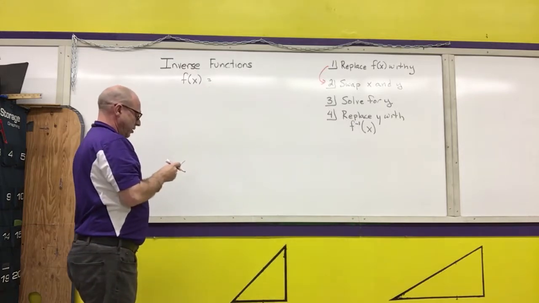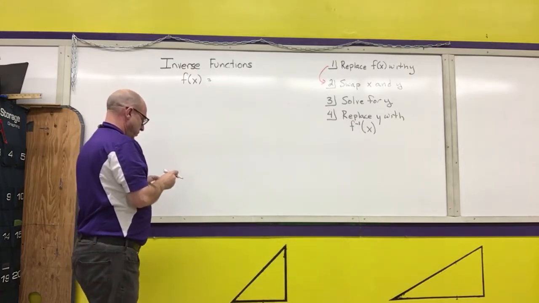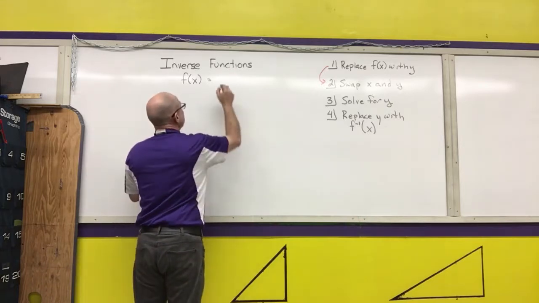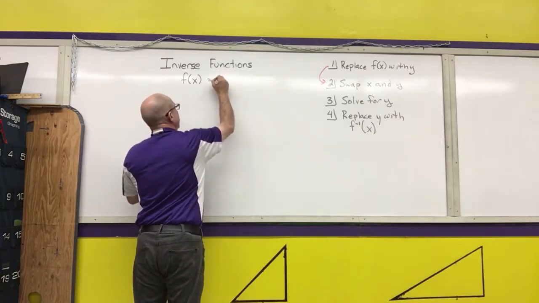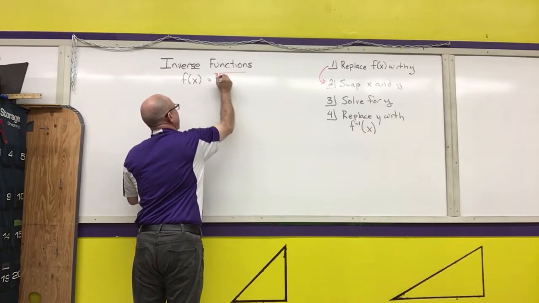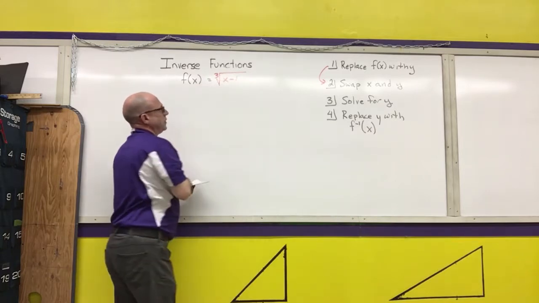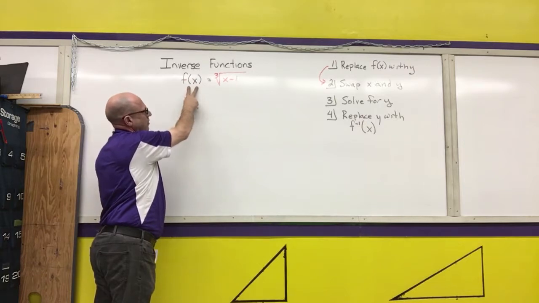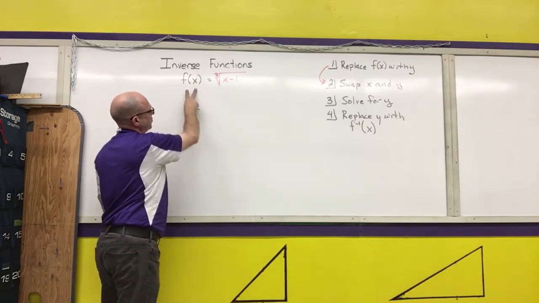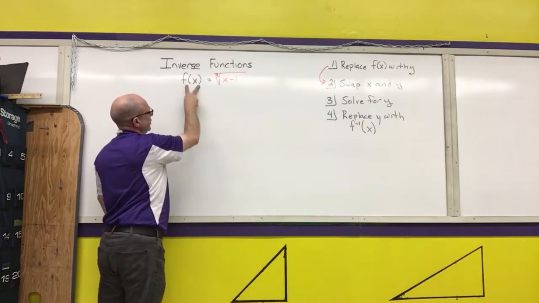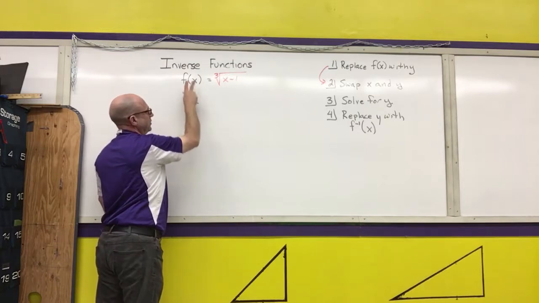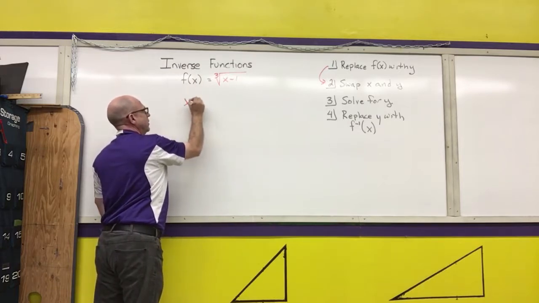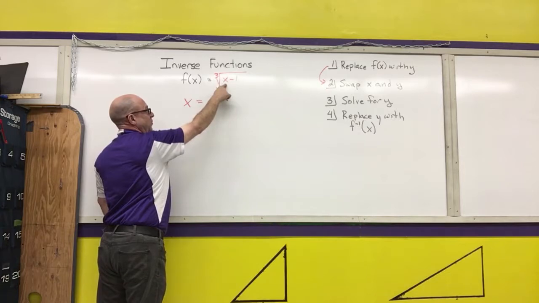So the next function that I want to do is the cube root of x minus 1. So the first thing it says to do is replace f of x with y and then swap x and y. So I'm going to do steps 1 and 2 together. So this becomes a y, and then I'm going to replace it with an x. That x becomes a y.